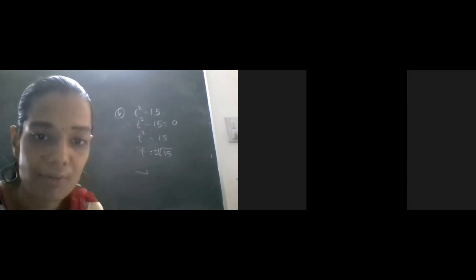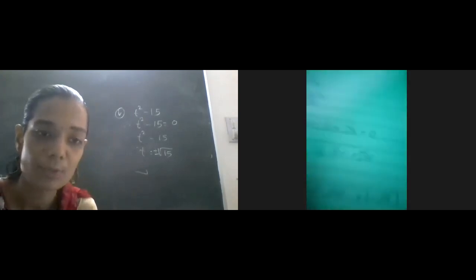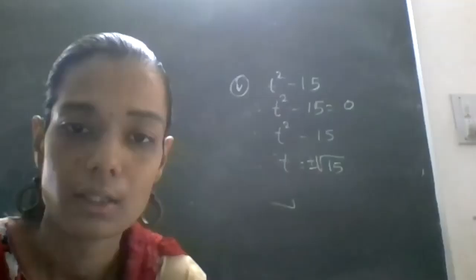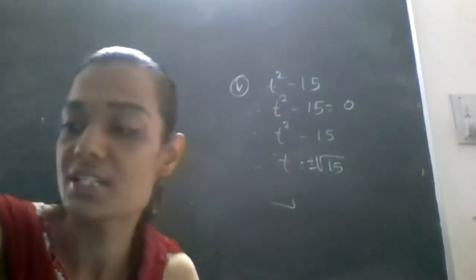You can directly also do it that way. Ma'am, this much answer, don't go ahead? No beta, this much answer is not enough, you have to go ahead. Alpha plus beta and alpha into beta, sum and product you have to find, and then you have to convert it to minus b upon a and c upon a also. Okay. That you have to complete, verification you have to do.